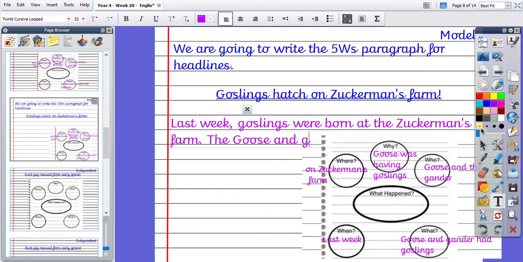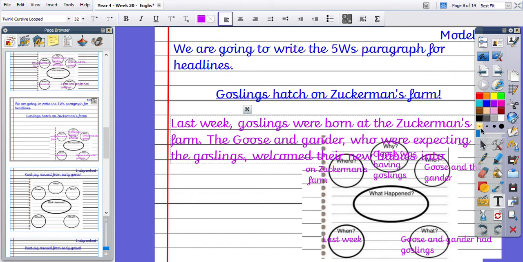The goose and gander, who were expecting the goslings, welcomed their new babies into the world with the other farm animals by their side.